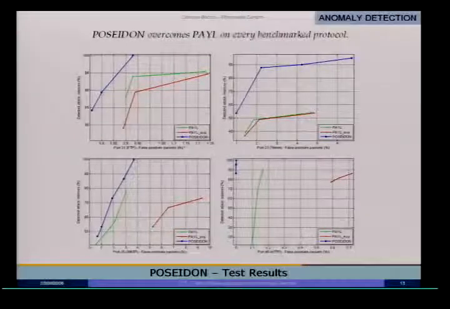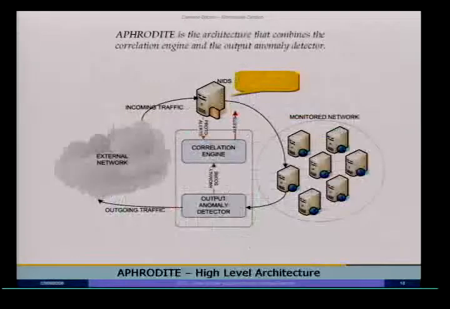Okay, let's now finally put it all together to see what Aphrodite can do. In this picture you can see the general architecture of our solution. In the upper part of the image there is an input NIDS analyzing all the traffic incoming to our network.